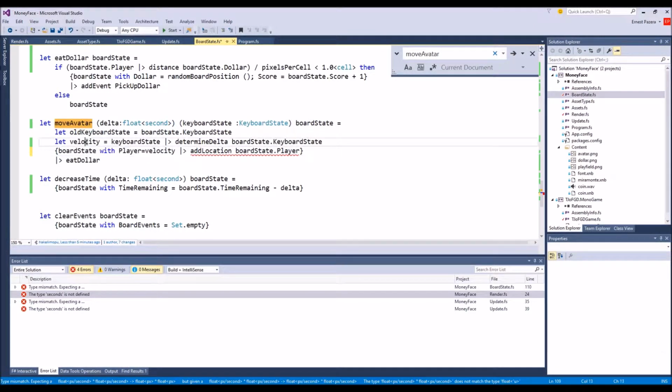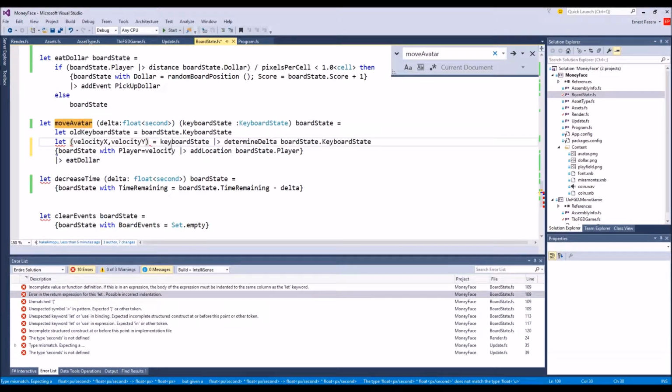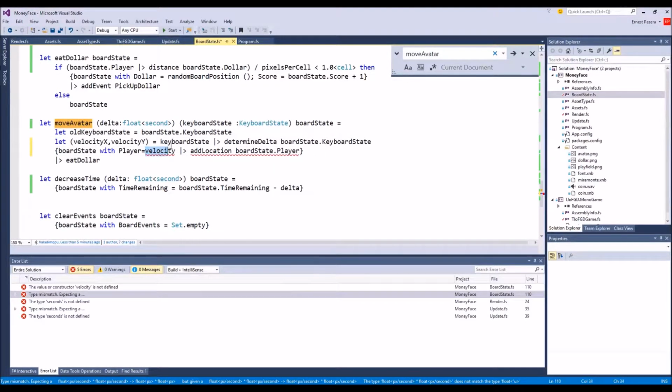Okay, so let velocity x, velocity y. I understand now. Velocity x times delta, velocity y times delta. Delta, the deltas that lived in Gaul during the time of Rome.